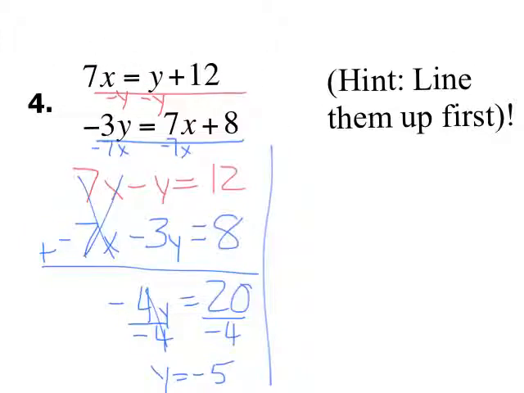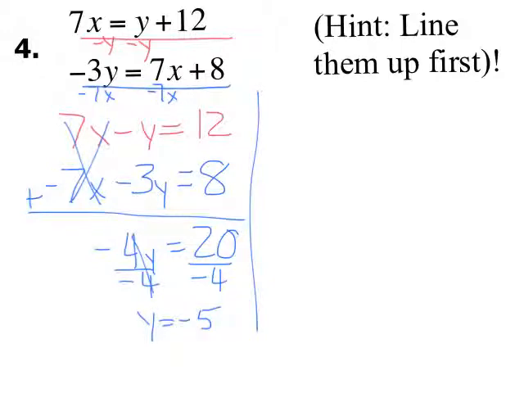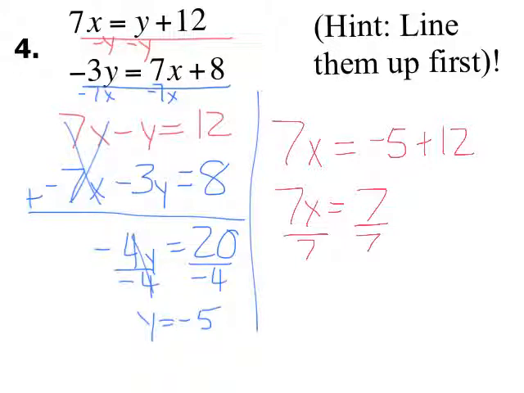So 7x equals y, which is negative 5, plus 12. In this case, since I'm not really multiplying, it's not a huge need for parentheses. Okay, but yes, usually when you plug them in, you should. So 7x equals 7. Divide and x is 1. So then my ordered pair is 1, comma, negative 5.